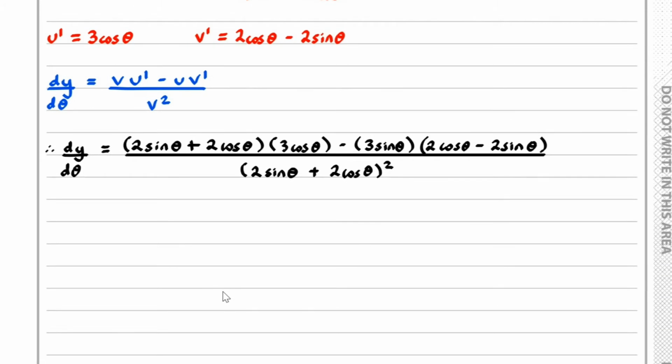And so, working with this, if I expand along the top, I end up with 6 sine theta cos theta plus 6 cos squared theta subtract 6 sine theta cos theta, and then the minus and the minus give a plus, and then we have positive 6 sine squared theta.